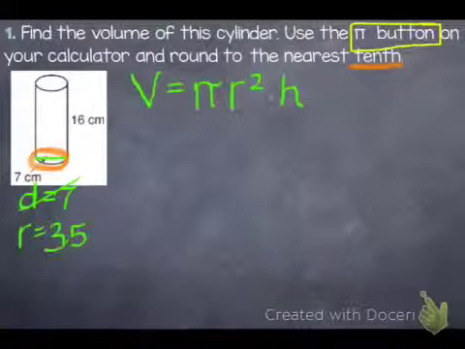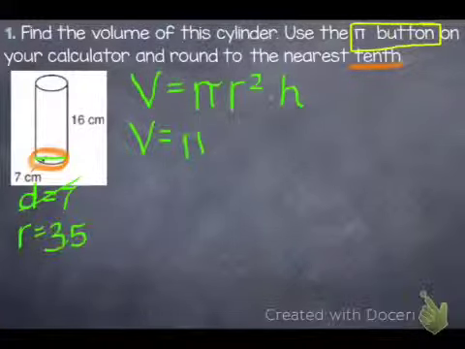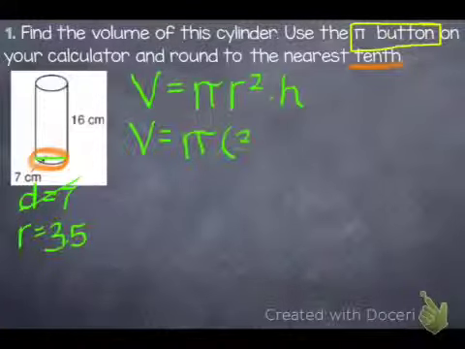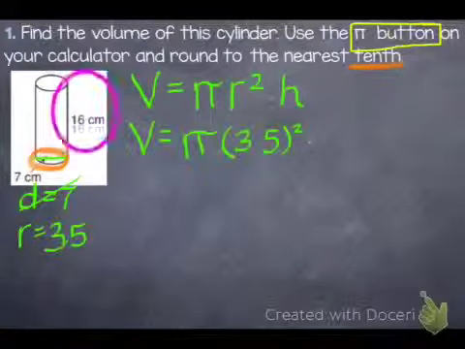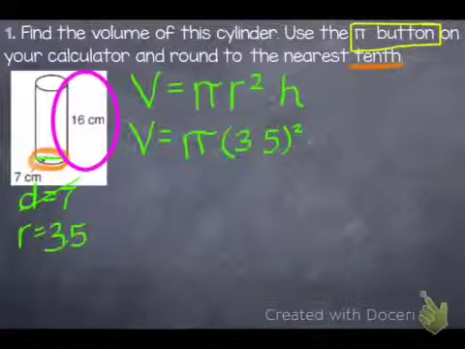So now we can come up and do some substitution. Volume is equal to pi times our radius, which is only 3.5. We're going to square that. And then we're going to multiply times the height of our cylinder, which is going to be 16 centimeters.